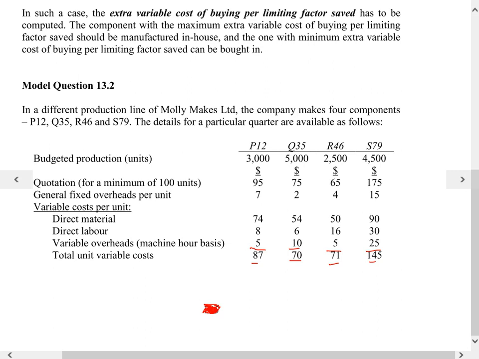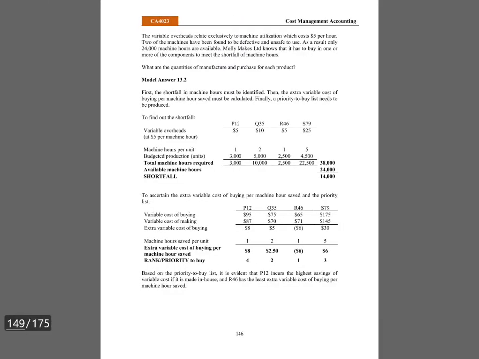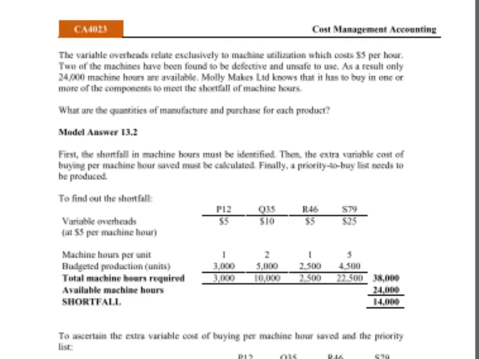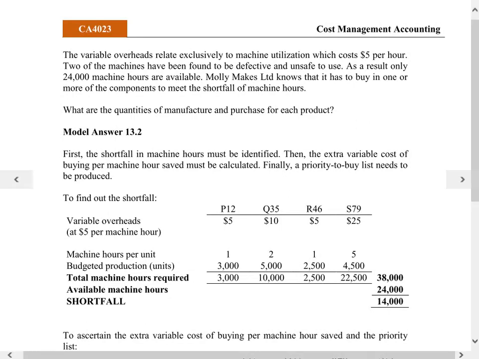Direct material, direct labor, variable overhead. So this is my total variable cost. The variable overhead relates exclusively to machine utilization, which costs $5 an hour. Two machines have been found to be defective and unsafe to use.